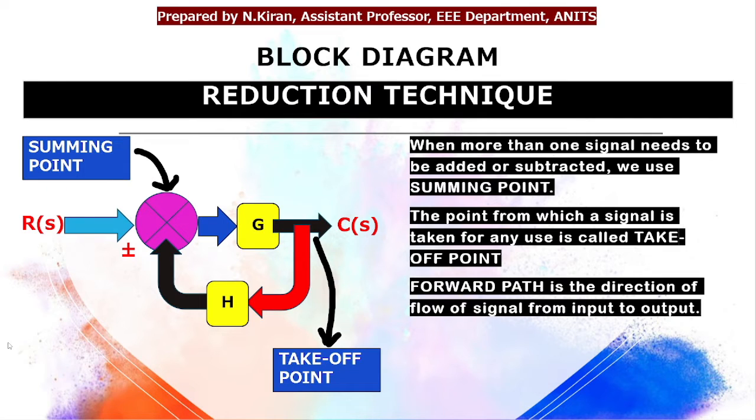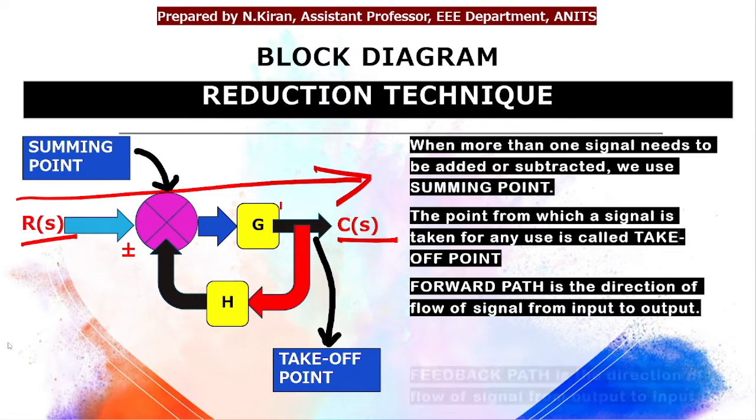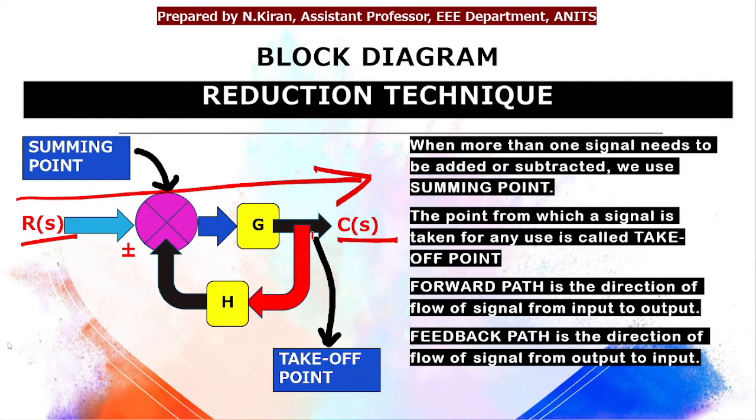This is the direction of the forward path. The direction of flow of signal from input to the output, we call the forward path, and the direction of flow of signal from output to input, we call the feedback path. So these are the four basic elements that we are going to repeatedly use in our block diagram reduction technique.